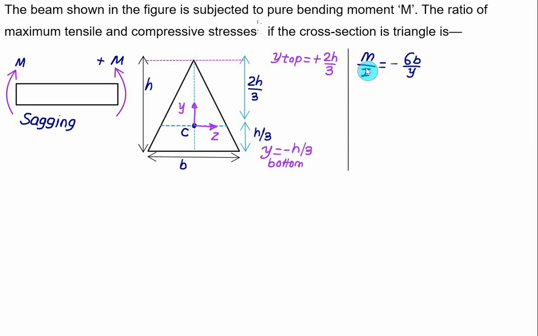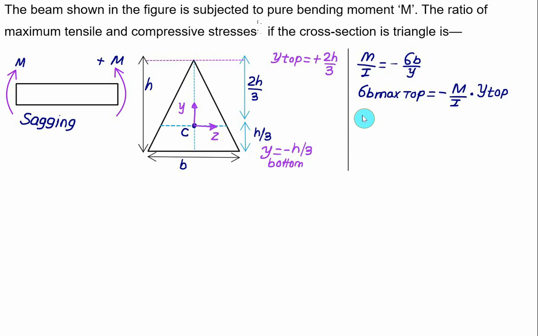The bending moment M and the moment of inertia remain constant here. So the maximum bending stress on the top fiber is sigma b maximum equals minus of bending moment M, which is a positive value, divided by moment of inertia I, multiplied by y of top, which is equal to 2h by 3.